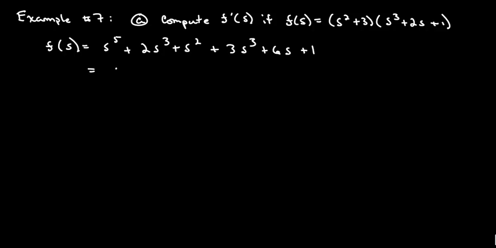If I combine like terms, I get s to the fifth plus 5s to the third plus s squared plus 6s plus 3. So that's f of s.